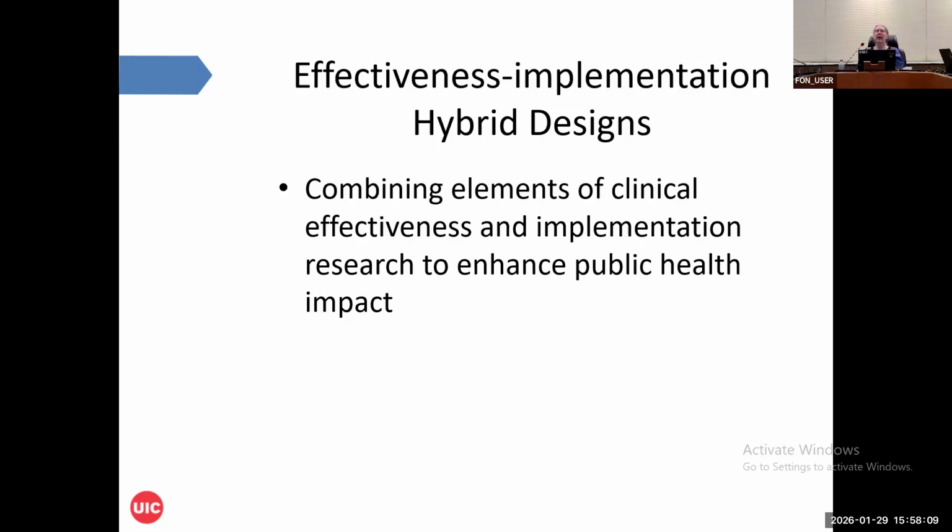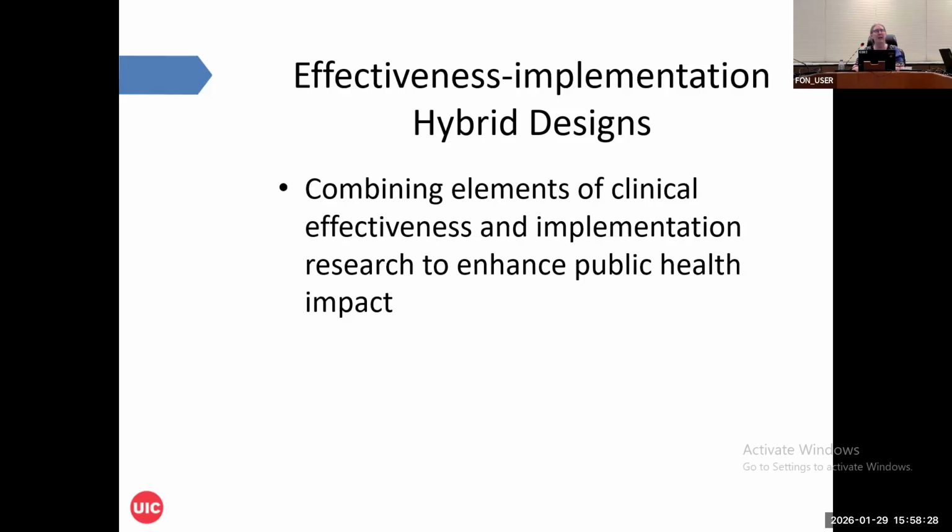So if you look at my grants right now that I'm funded on, 2 of them are hybrid 1 designs. One of them is a hybrid 2 design, and another one is a pragmatic clinical trial.